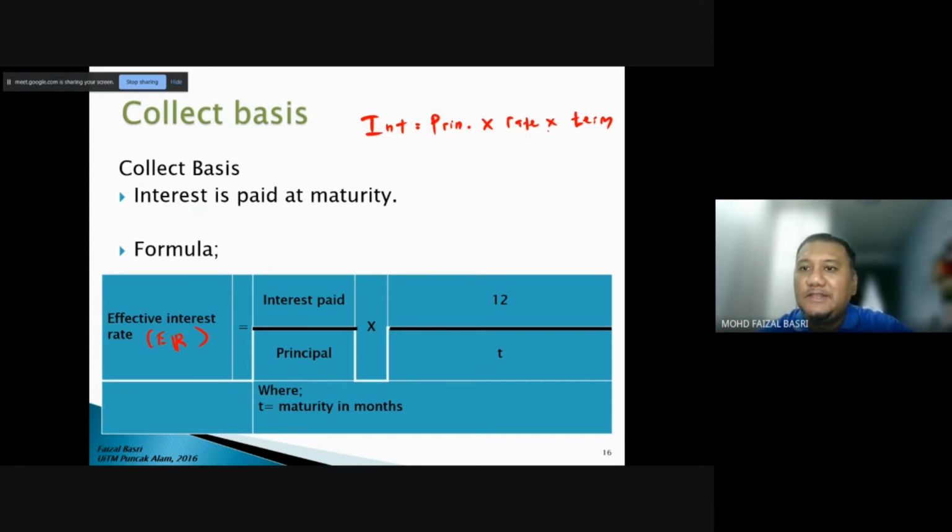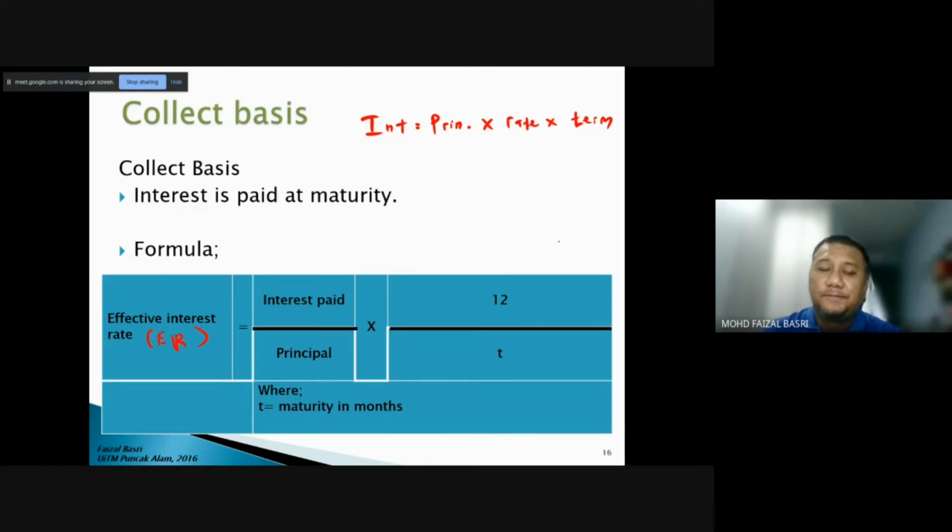In our case, since this is on a short-term basis, our term will usually be a maximum of 1 year. Principal here means the amount you borrow, the amount borrowed, multiplied with the interest rate, multiplied with the time, how long your loan will be.